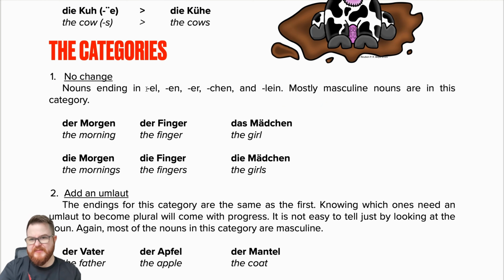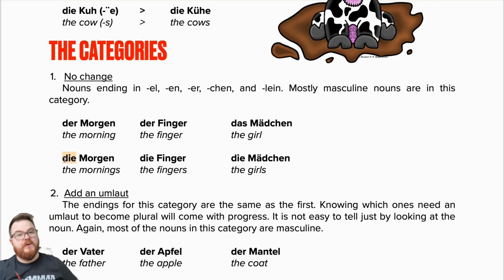Any nouns that end in el, en, er, chen, and lein, they're mostly going to be masculine, and they do not change. So the noun that you know, for example, der Morgen, which ends in en, the plural is also going to be Morgen. The only thing that changes is our word for the. So instead of der Morgen, die Morgen.